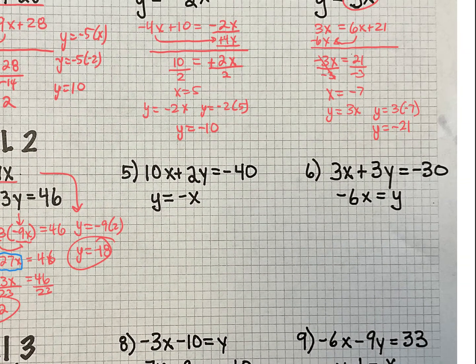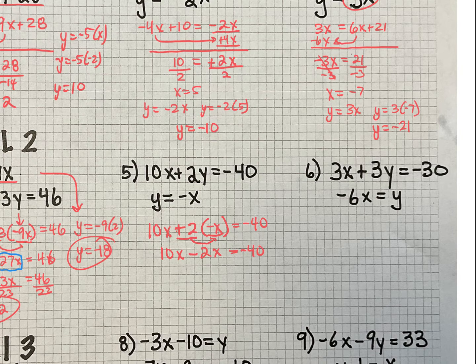Okay, number 5. If y equals negative x, then I can take 10x plus 2 times negative x. Remember the parentheses, equals negative 40. That's 10x. Positive 2 times negative x is negative 2x, equals negative 40.